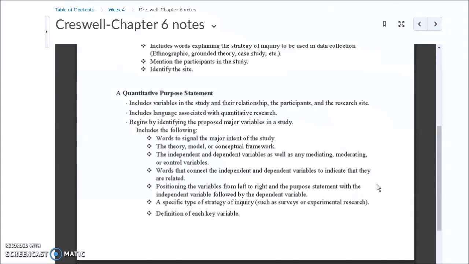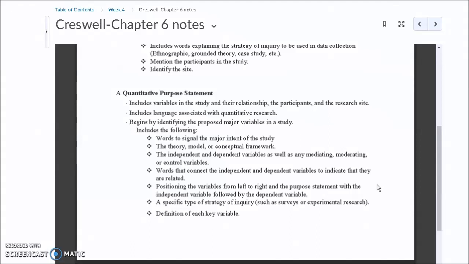By now, I am hoping the independent and dependent variables are clear to you guys, especially after our discussion on Zoom. You also have words like the relationship between or comparison and things like that. Remember that you are positioning the variables from left to right in the purpose statement, with the independent variable followed by the dependent variable.